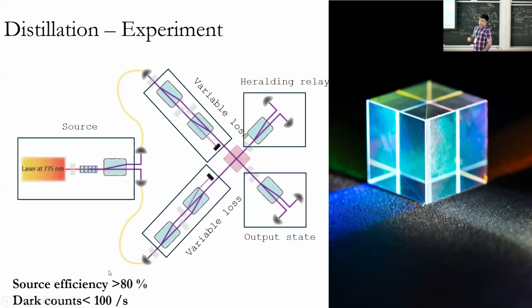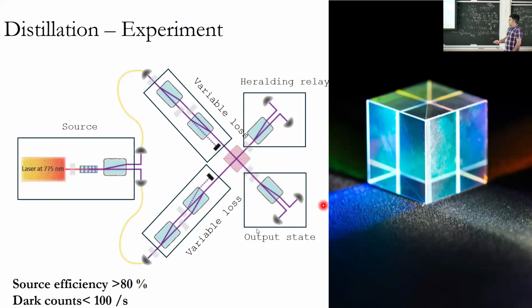People working in this field know that having a source with efficiency above 80% is quite impressive. The reason is that if there is a heralding photon here, that heralds the purification being done, then we really want to have another state here. And if that's not happening, you are basically reducing the purity of the state.